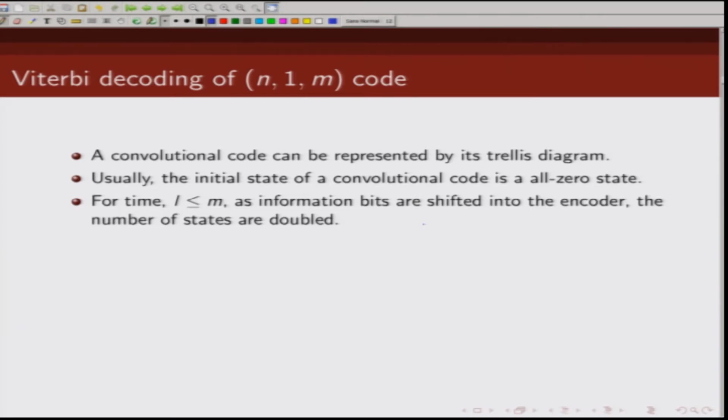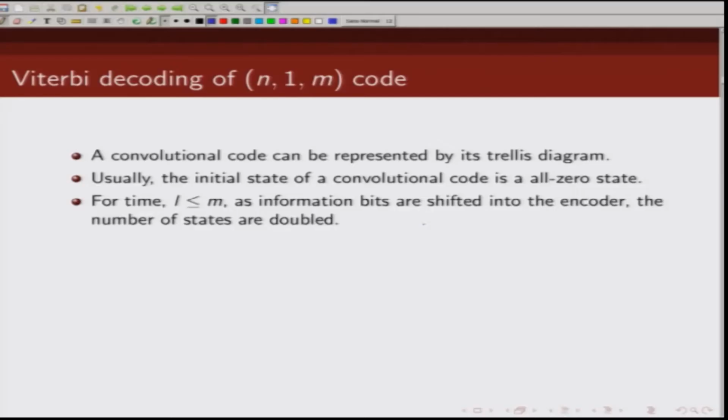So, initially it is in all 0 state, then once 1 bit gets in, there are 2 possibilities where we can be in, and so as long as L is less than memory order, we see at each time instance the number of states gets doubled until we reach time L equal to m, when we reach all possible states, which is basically 2 raised to power m, because our convolutional code has a memory of m. So, total it has 2 raised to power m states.